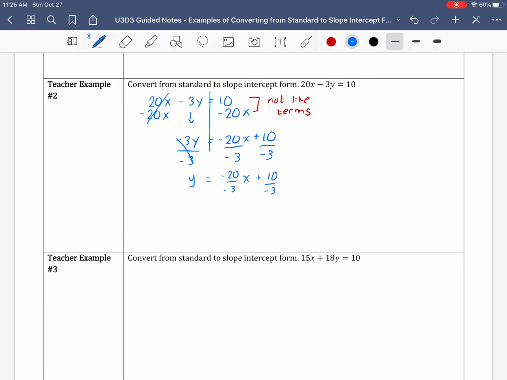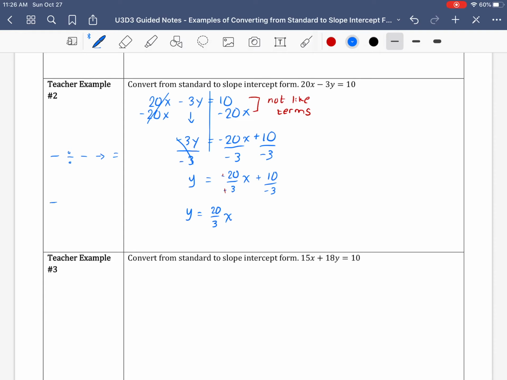Now this part gets a little bit tricky because we need to start simplifying our fractions. We know that when you do a negative number divided by a negative number, you end up with a positive. So if we look right here, that negative and that negative will turn into positives, and we're left with y equals 20 over 3 x.